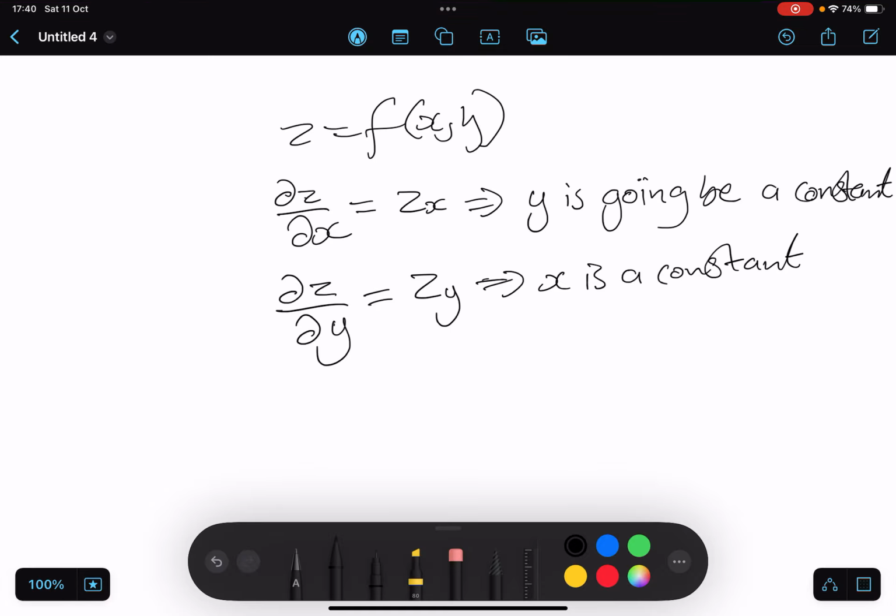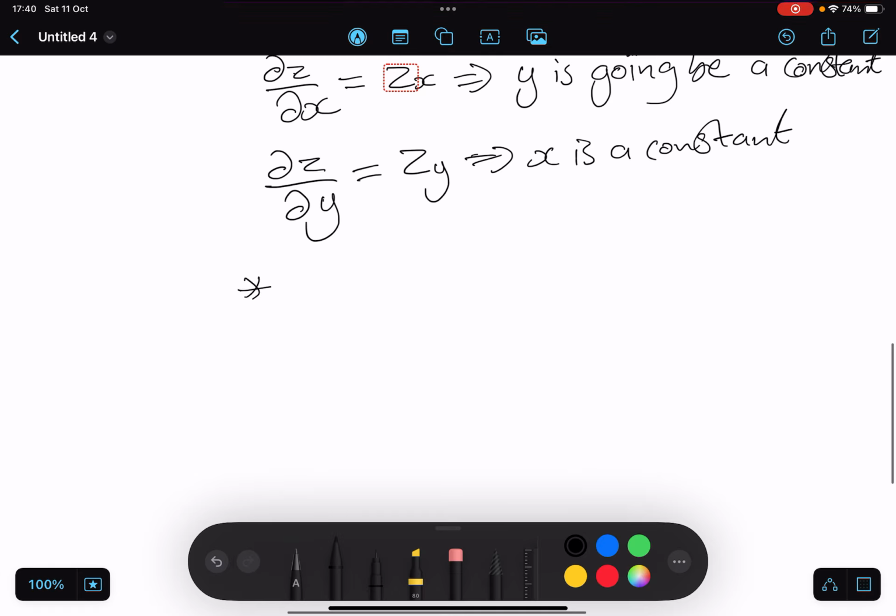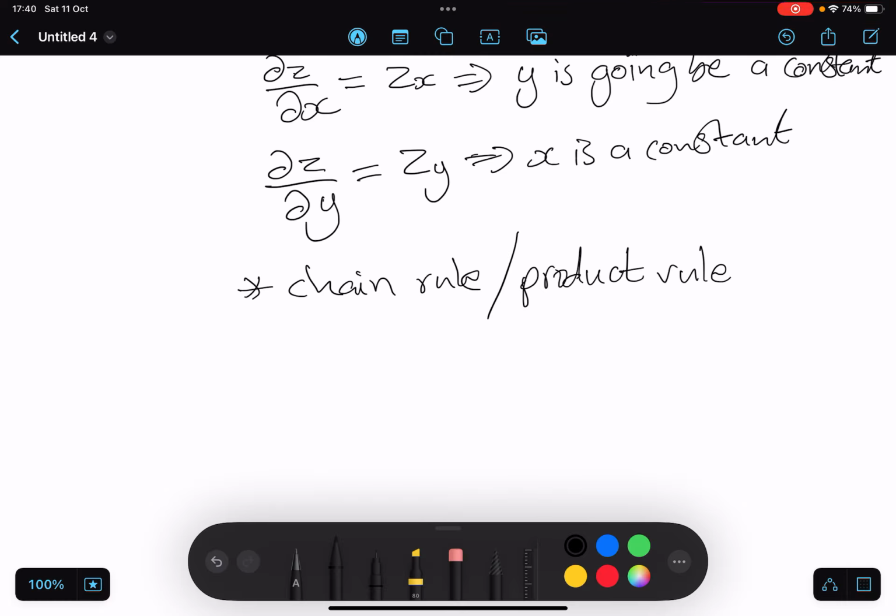With our syllabus, we're going to look at the first derivative and the second derivative with partial derivatives. And with partial derivatives, we still use the same rules that we used for the normal derivative: the chain rule still applies, the product rule still applies, and also the quotient rule still applies.